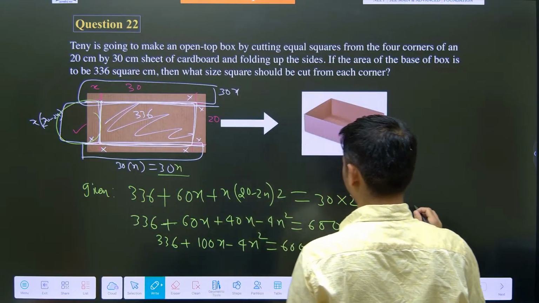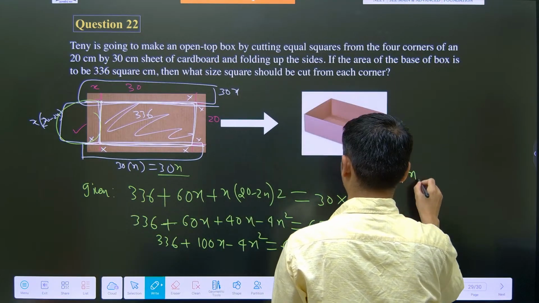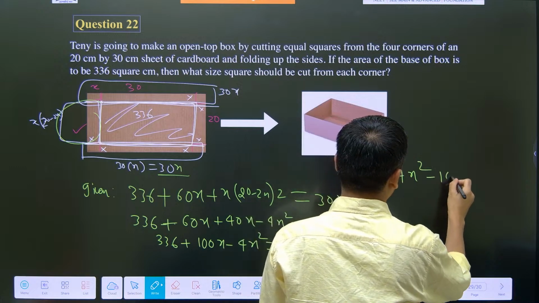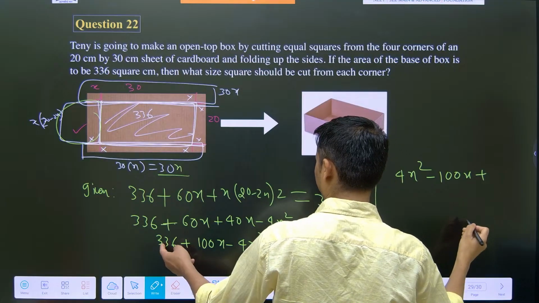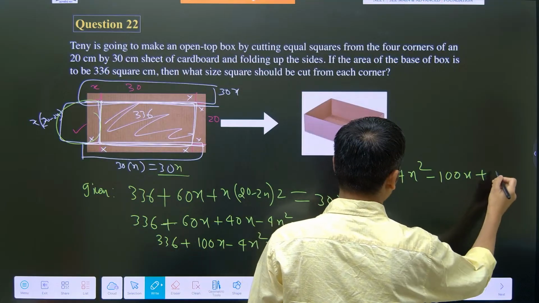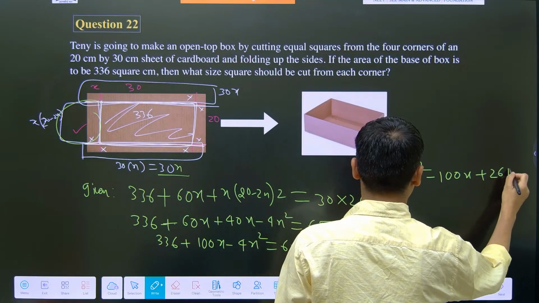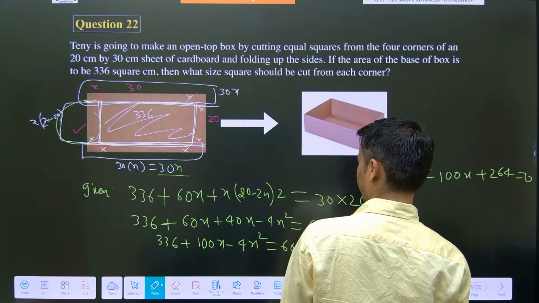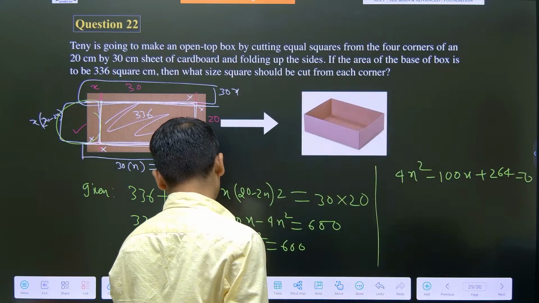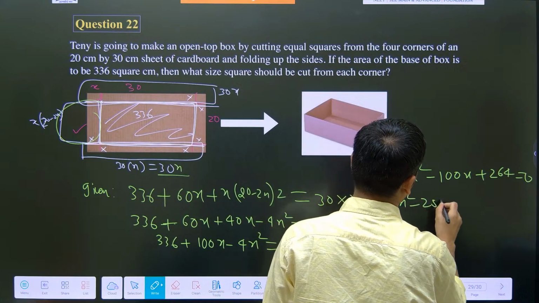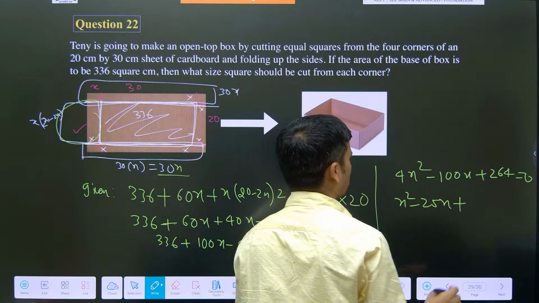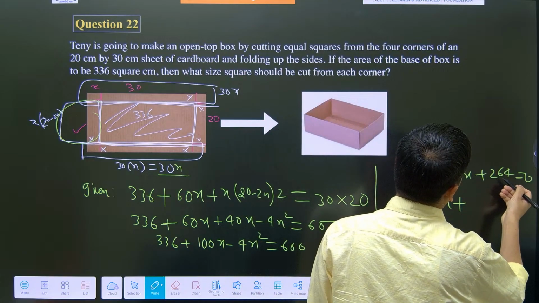Right side I think is a better choice. So 4x square minus 100x plus 600 minus 336. It will be 264, right? Divide by 4, so it is x square minus 25x plus 132.